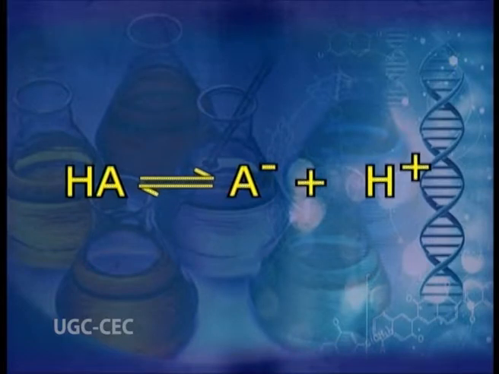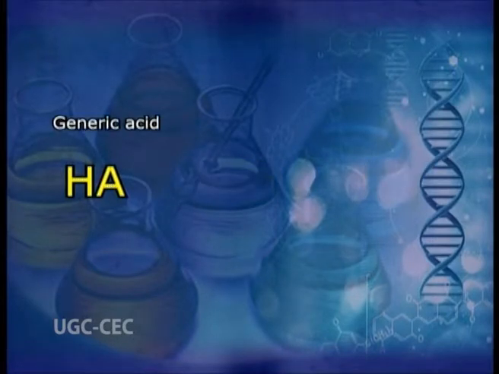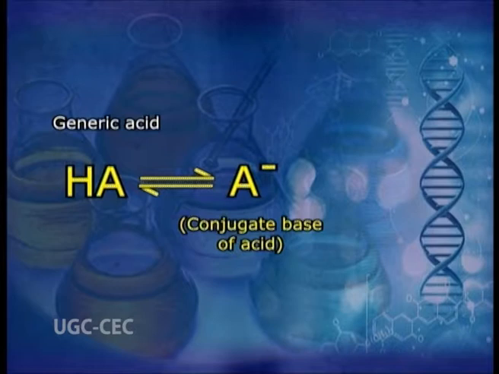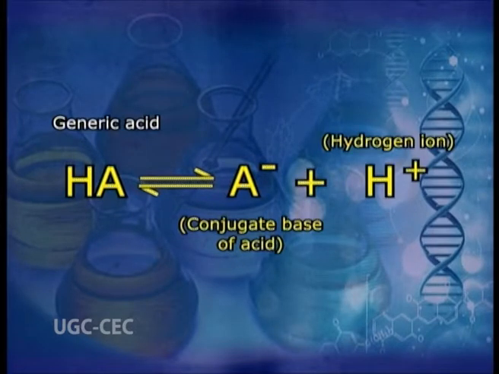It is a reversible reaction, where HA is a generic acid that dissociates by splitting into the acetate ion, known as the conjugate base of the acid, and the hydrogen ion or proton H plus, which in the case of aqueous solutions exists as a solvated hydronium ion.